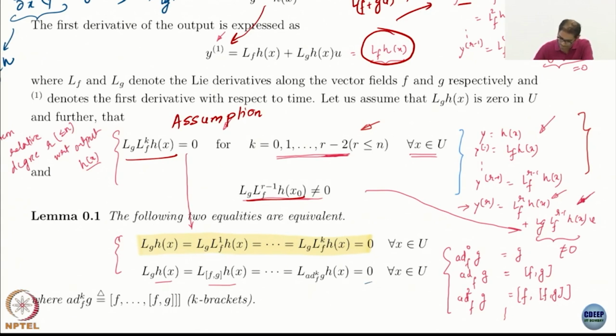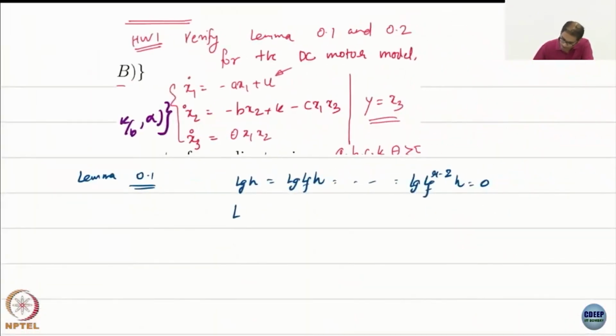So you can claim that L_ad_f^k g H is 0 for k equal to 0 to r minus 2. Because I have just specialized it to relative degree r.